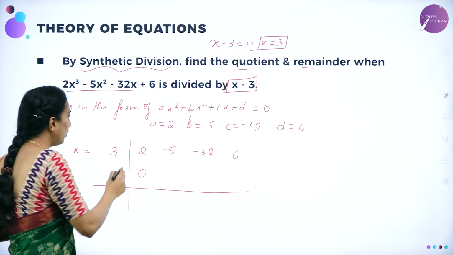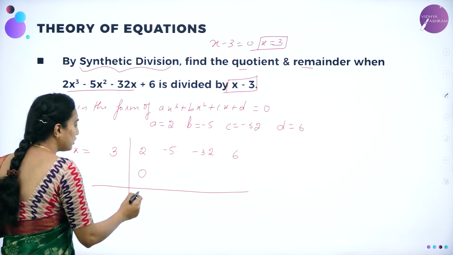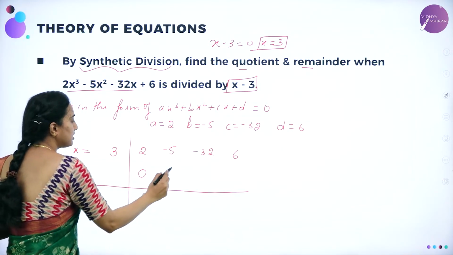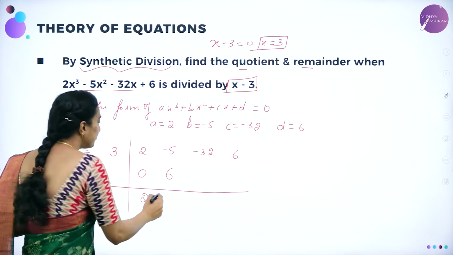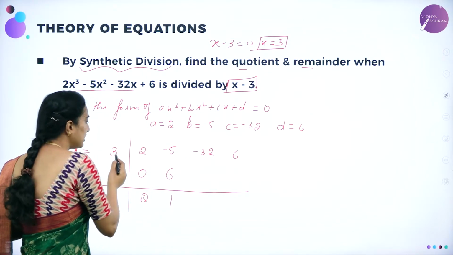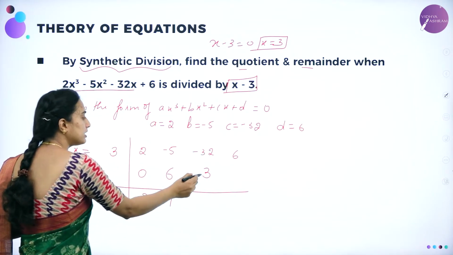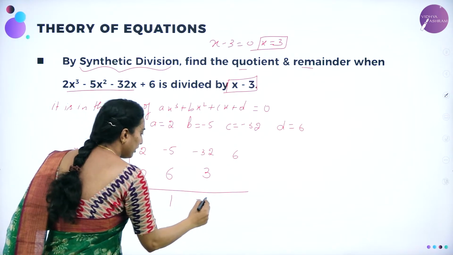After writing 0, 2 plus 0, adding that one, okay, 2 plus 0 gives you 2. Now you need to multiply: 3 2s are 6. Now adding these two, minus 5 plus 6 gives you plus 1. Now 3 1s are 3. Again adding these two, minus 32 plus 3 will be giving you minus 29.